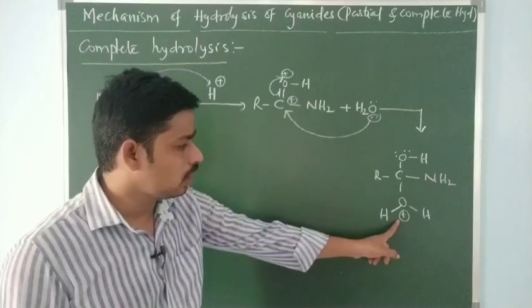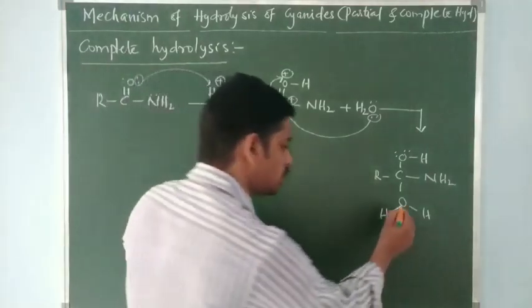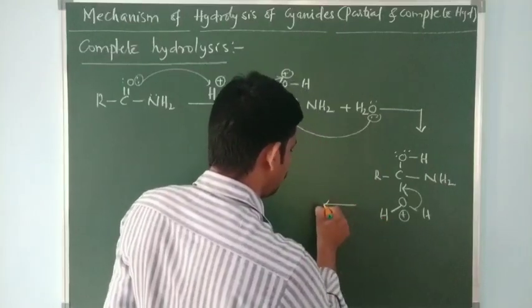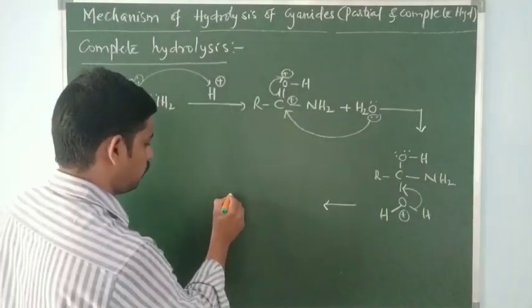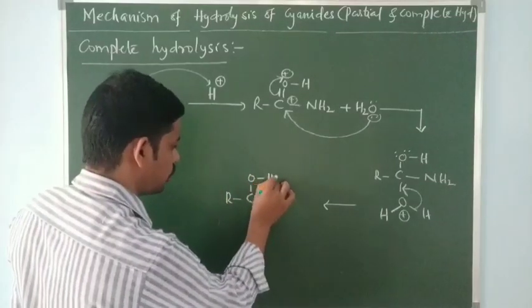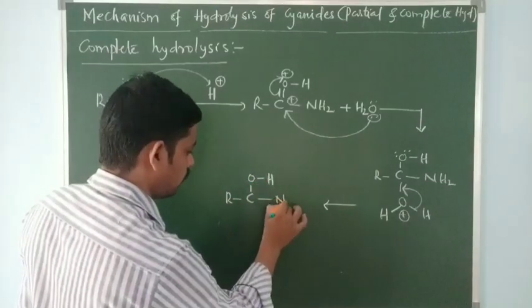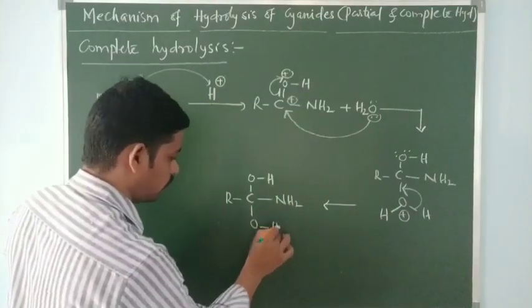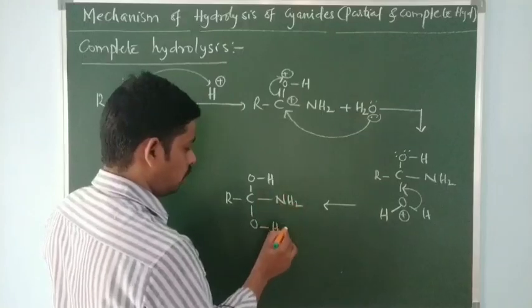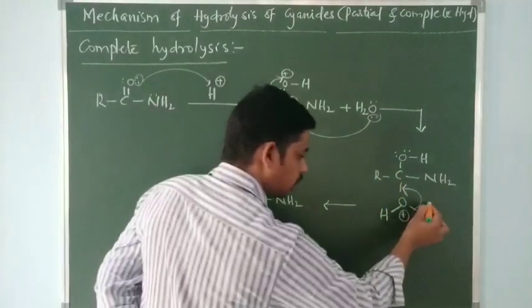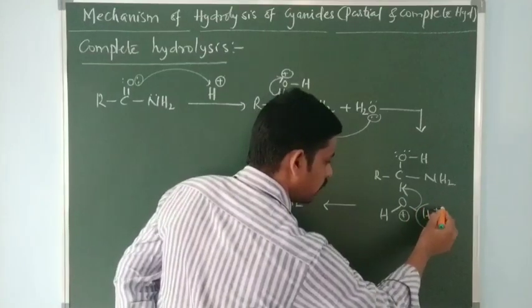To get stability, this bond is shifted between carbon and oxygen, so that we get R C OH, NH2, OH. When this bond is shifted between carbon and oxygen, this is removed as H plus.